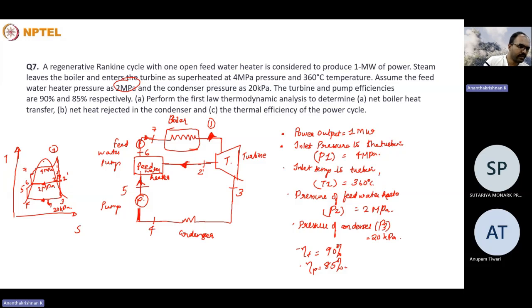We can assume that the entropy at this particular point won't be varying that much, and therefore using the actual entropy at the state point 1, we can determine the enthalpy at the state point 3 as well.